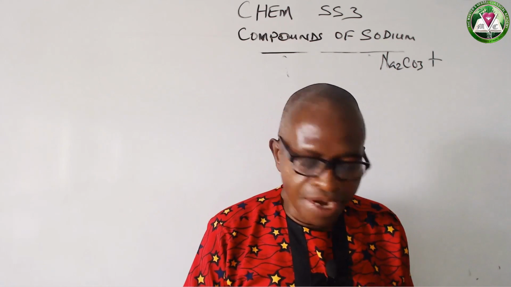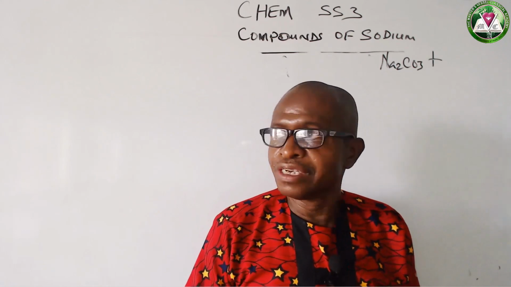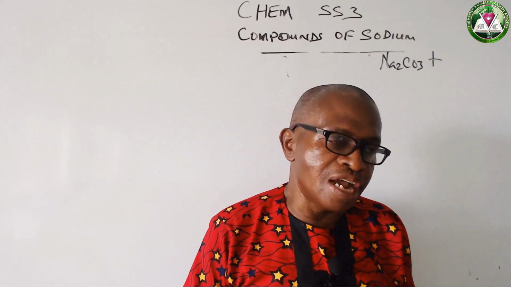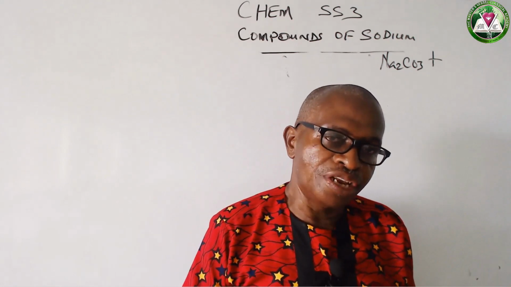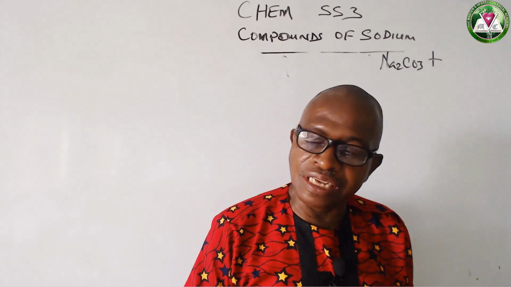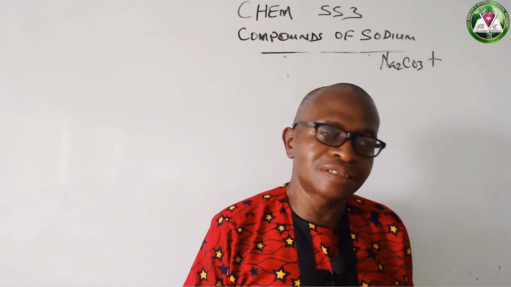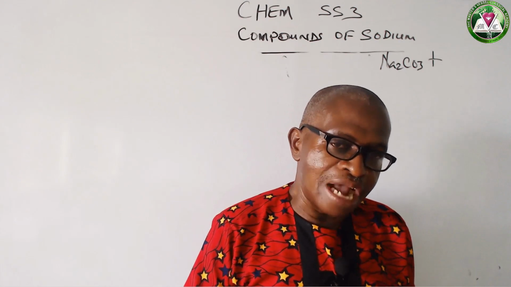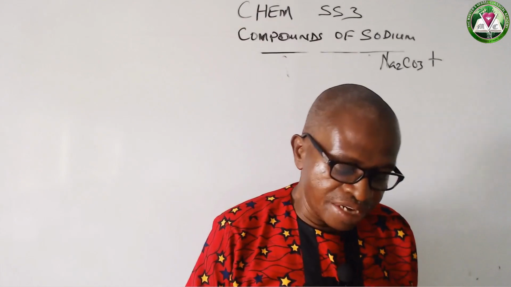I said, explain the reason why sodium ion was deposited at the cathode in the Kerner-Solvay process, in spite of the fact that hydrogen ion ought to be deposited.